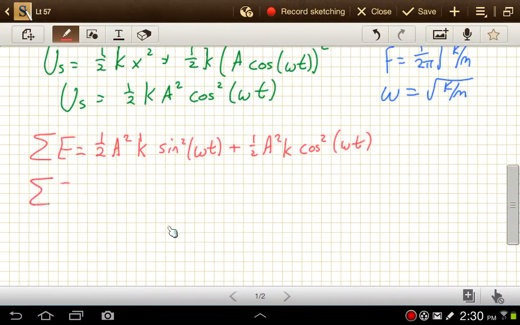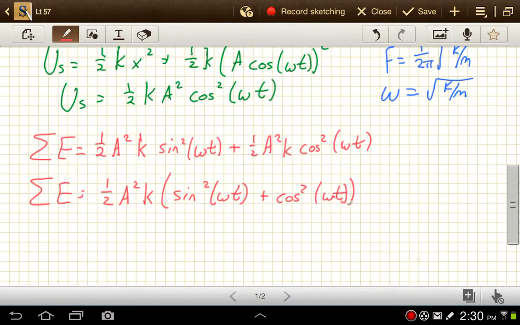So our total energy then is going to be, factor out 1/2 a squared k, and then we're left with sine squared of omega t plus cosine squared of omega t, which is just 1 again.